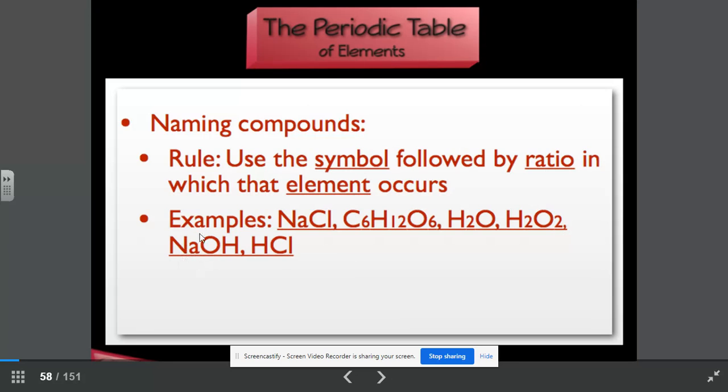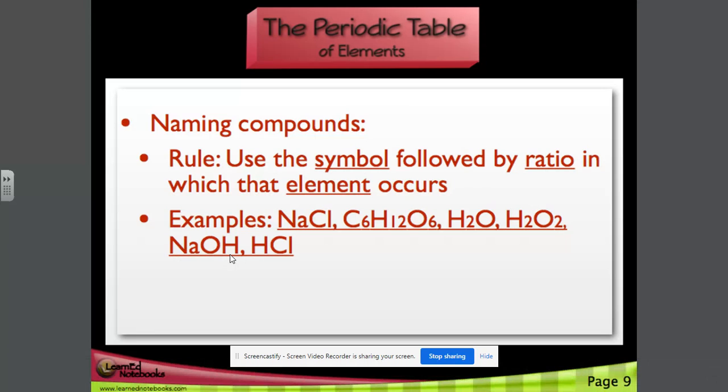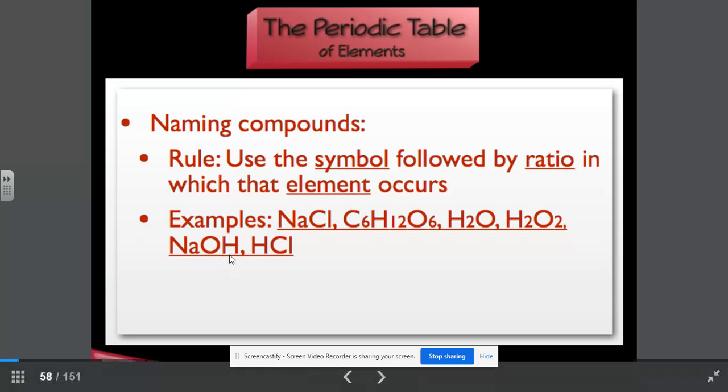Here we have Na, so we know that to be sodium, O, oxygen, H, which is hydrogen. When they're combined, they create a very different substance called sodium hydroxide. And then finally, here we have H and then Cl.